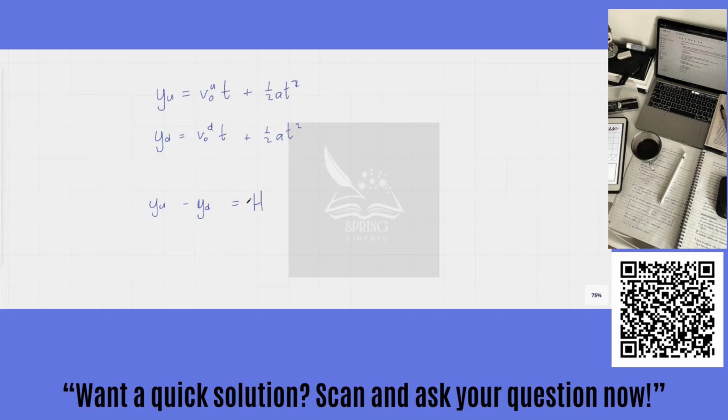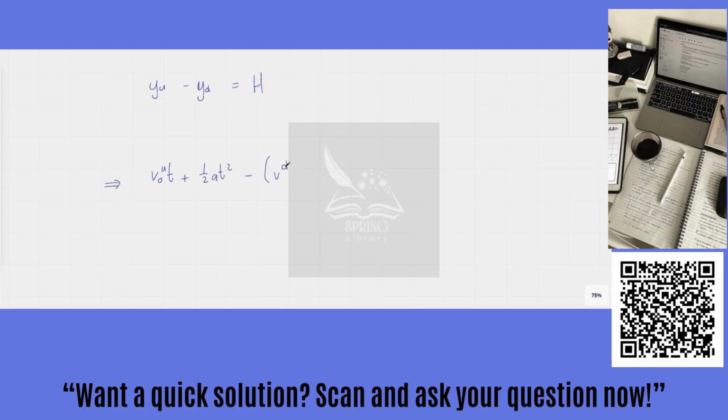If we substitute the two expressions for y up and y down into this equation, we get that v0 up times t plus a half a t squared minus v0 down times t plus a half a t squared is equal to h.